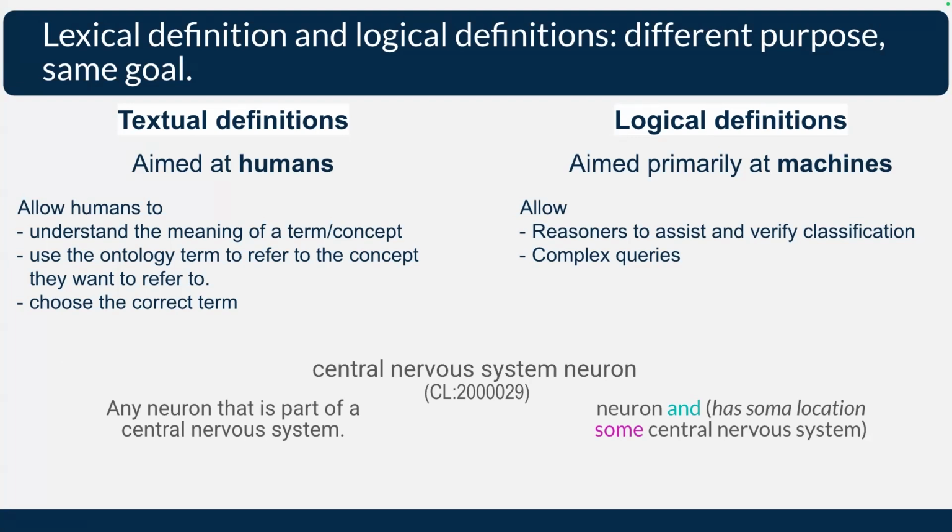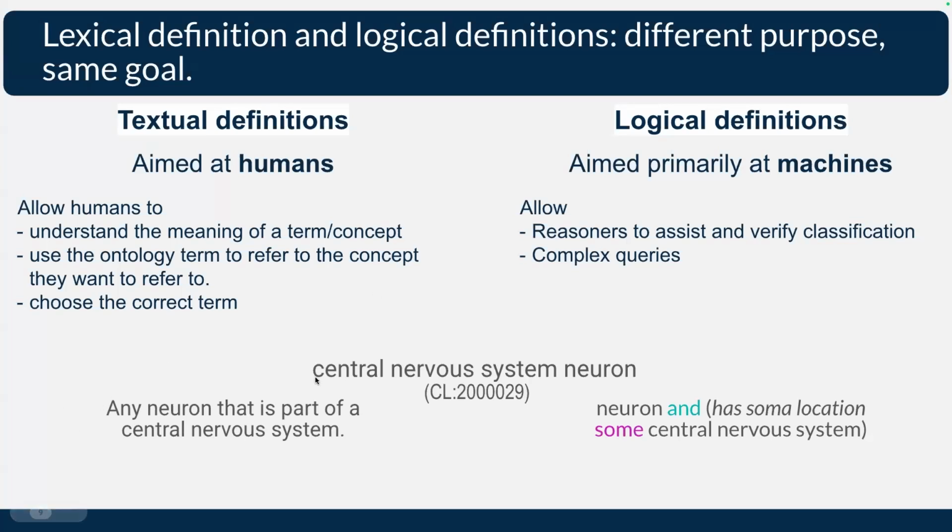It is important because by using this definition, a human can figure out whether this ontology term is really the concept I need when I annotate my data. So the definition helps humans find, choose and use the correct ontology terms.